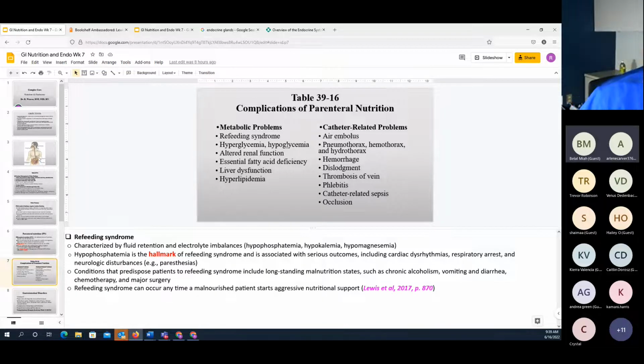Think about the fact that if the line stops working and you don't hang D10, the blood glucose levels will plummet on you. And of course, with the glucose content of TPN, it can cause hyperglycemia.